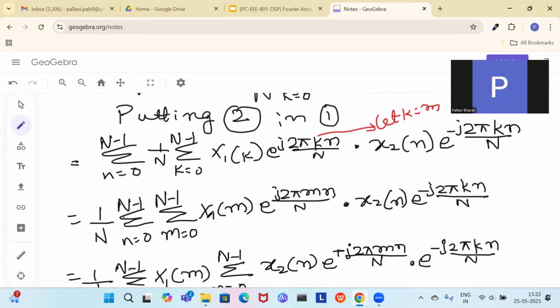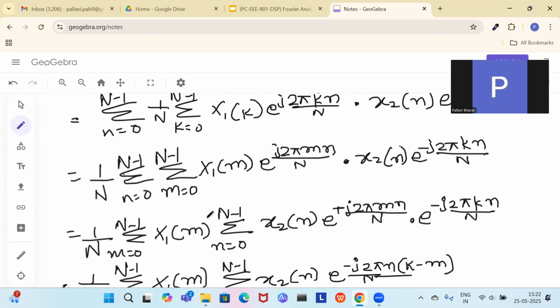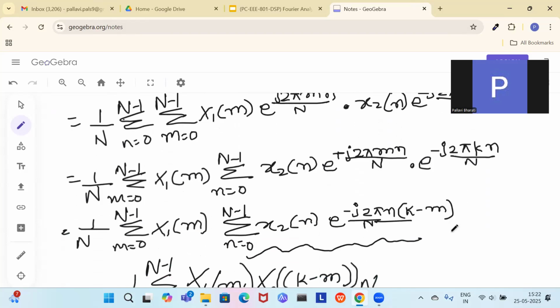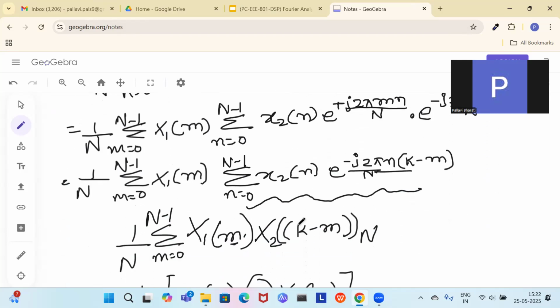And finally, the m part, the other variable m, we will move it outside. And this full thing over here is clubbed together, x2n e to the power j2 pi mn by n and e to the power minus j2 pi kn by n. If you write this, it is going to become x2 k minus m.